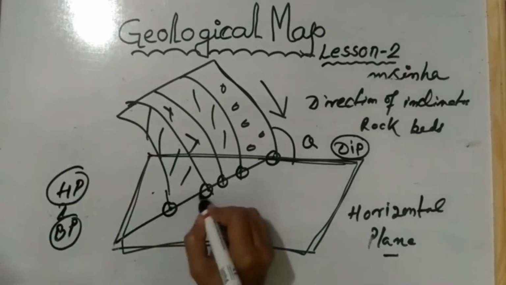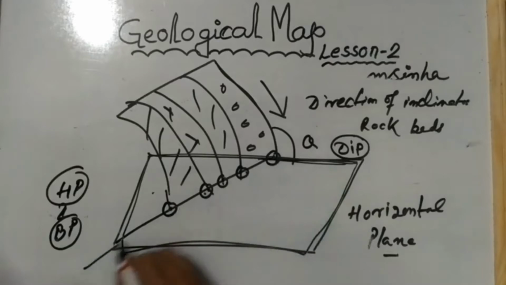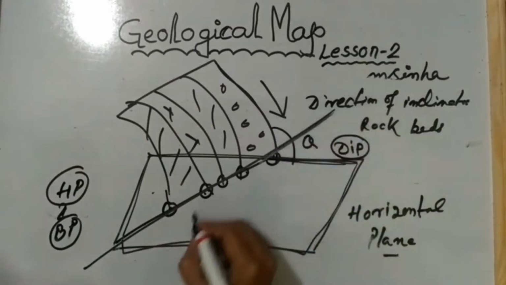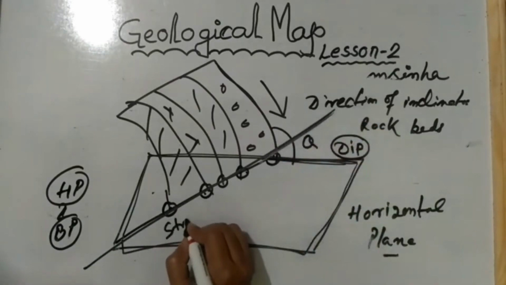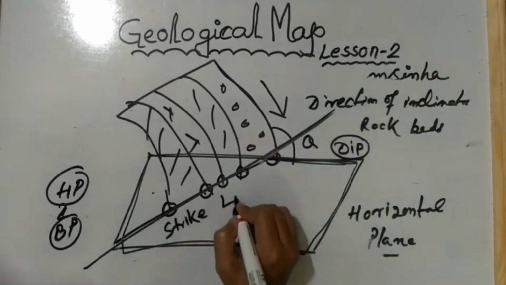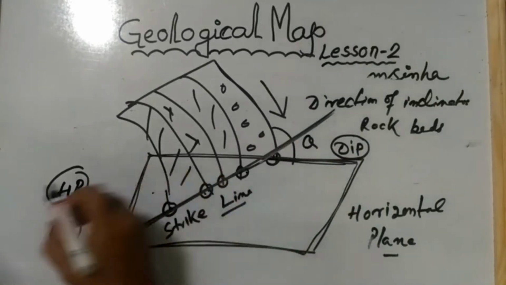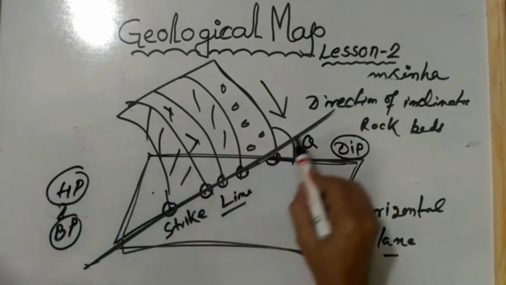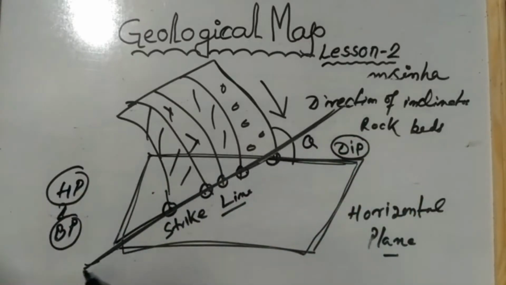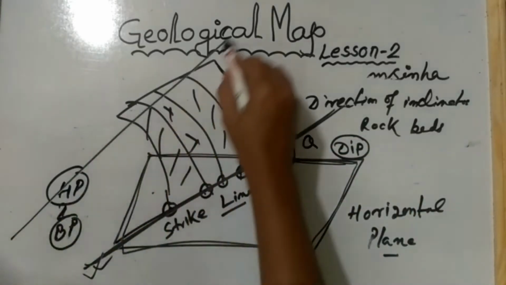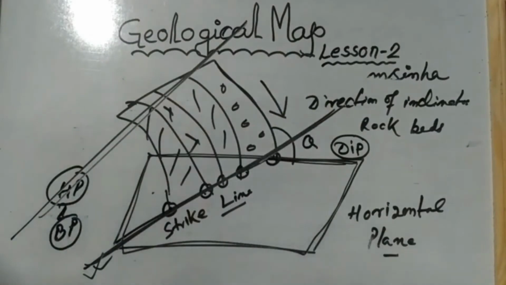So you have to connect those points. We are connecting those points, and this line is the strike line. Similarly, if you draw a line parallel to that strike line, then you can identify a strike line here too.